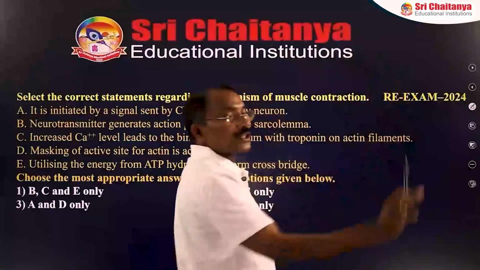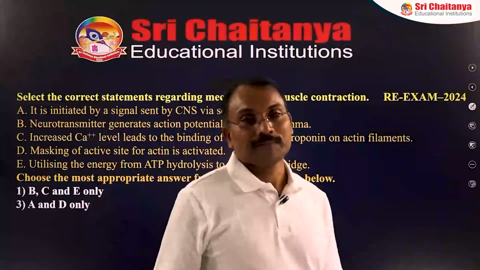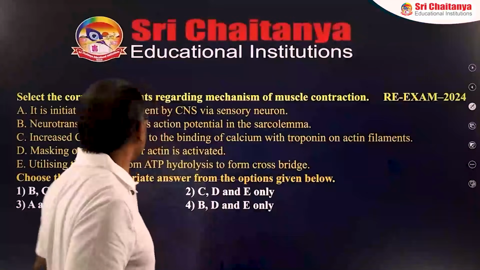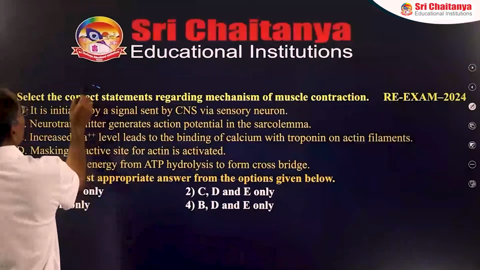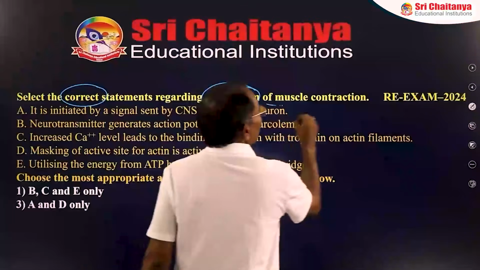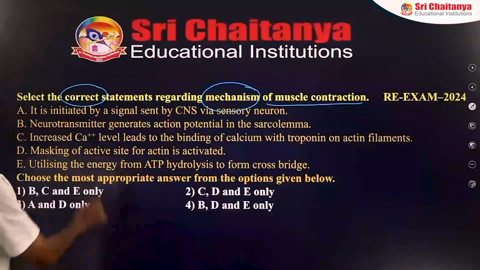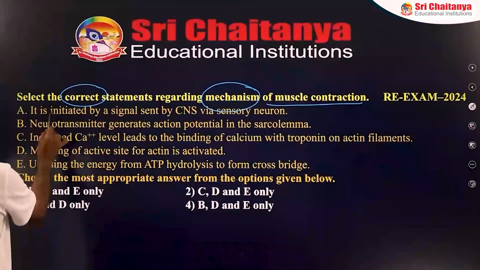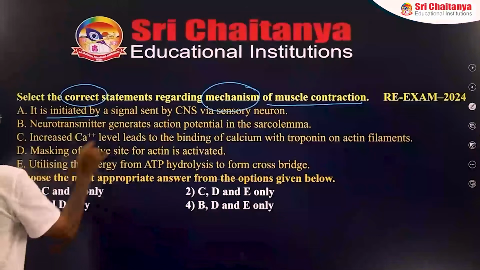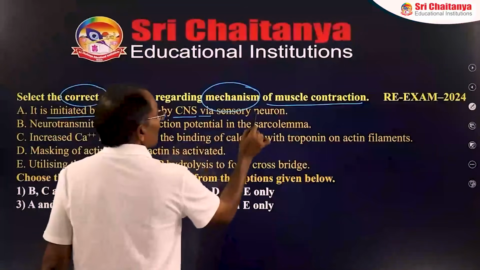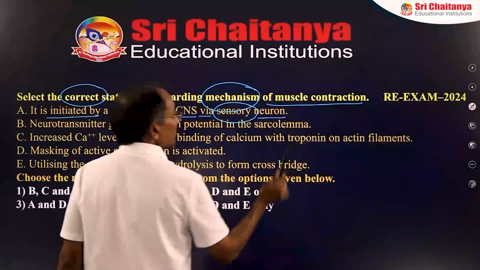In re-examination 2024, in NEET entrance examination, there was question in the chapter, select the correct statement regarding mechanism of muscle contraction. It is initiated by a signal sent by CNS via sensory neuron.